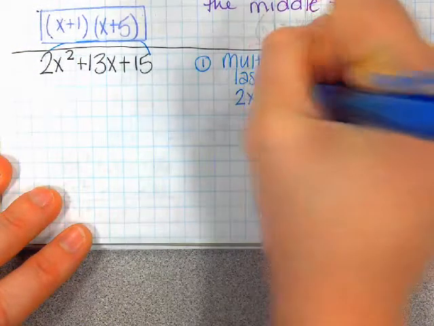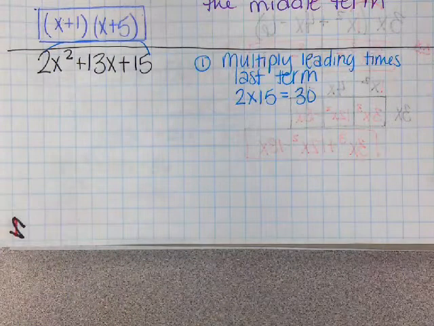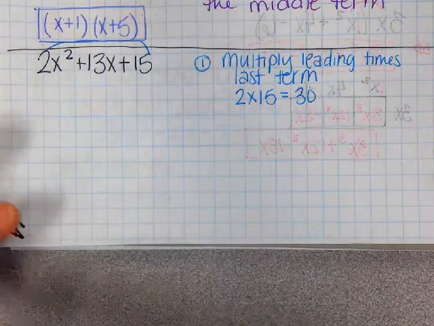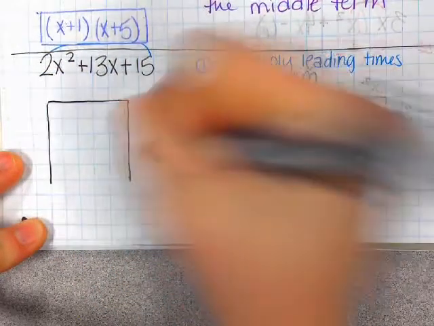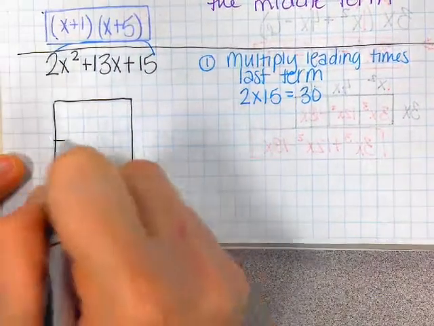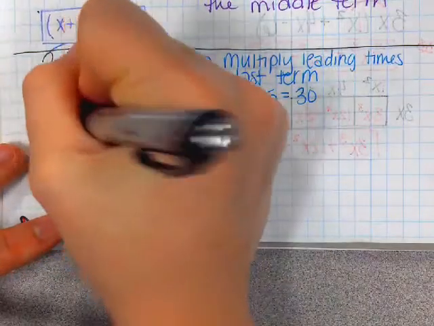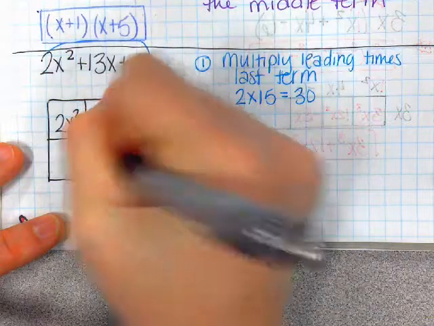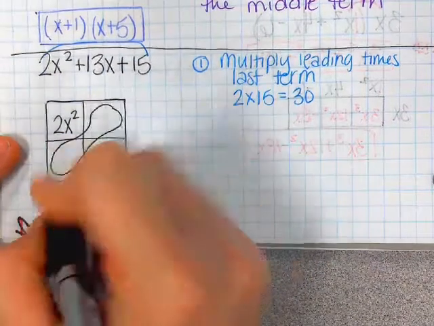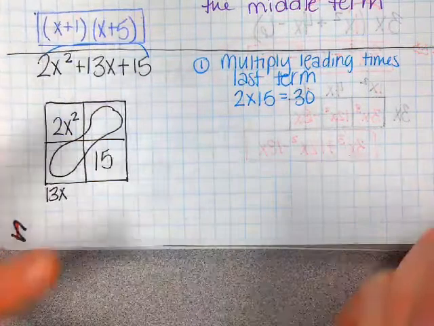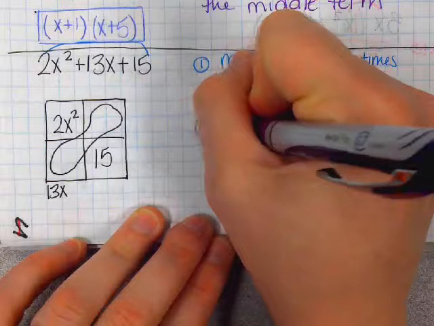So I'm going to multiply 2 times 15. 2 times 15 equals 30. I'm going to set up the box. 2x squared goes in the first box, 15 goes in the last box. Then I need to put 13x right there.